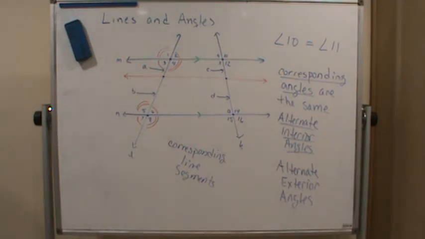When we have two parallel lines crossed by two transversals, like what we have here, the segments of the transversals between the same two parallel lines are called corresponding segments.